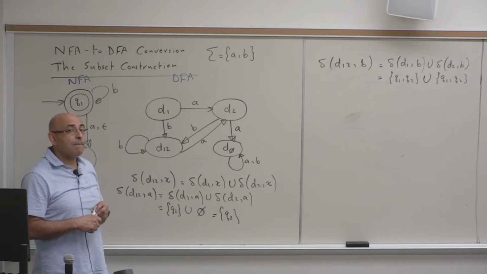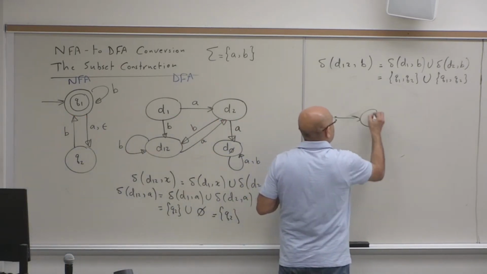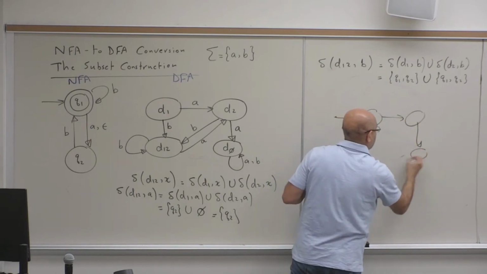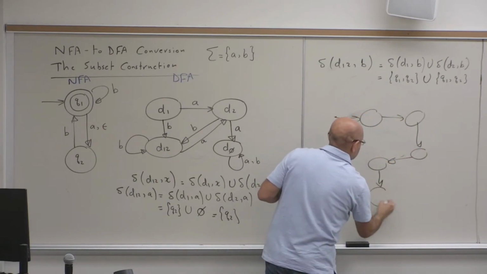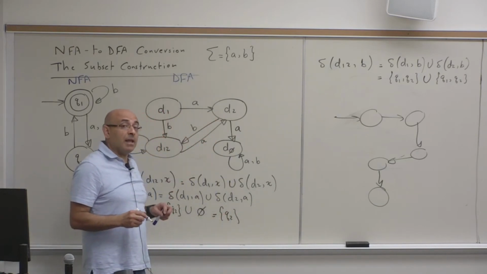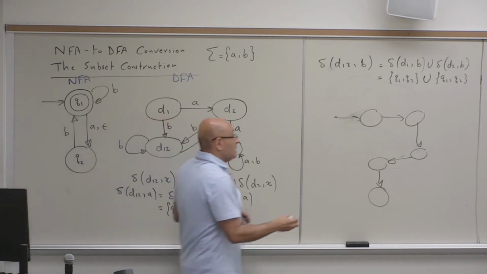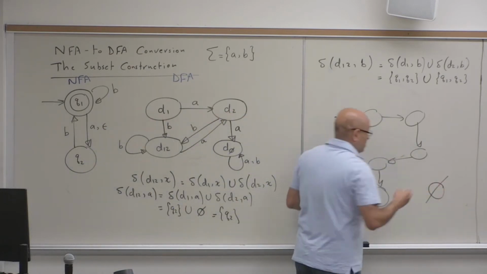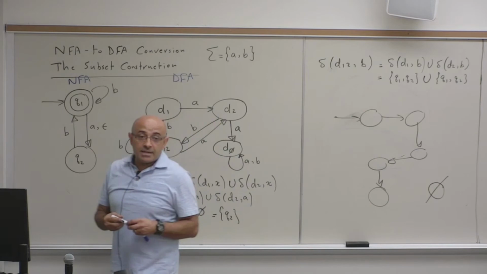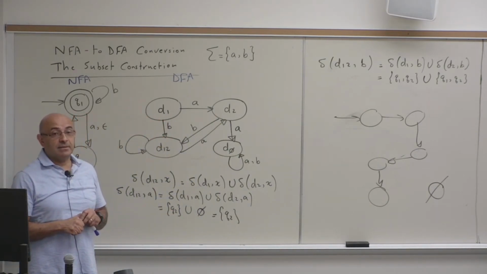If I draw 1,000 states like this without an accept state, and there's a million of them, what would be the language accepted by this? Don't underestimate this. This is a language. The language that has no strings in it.